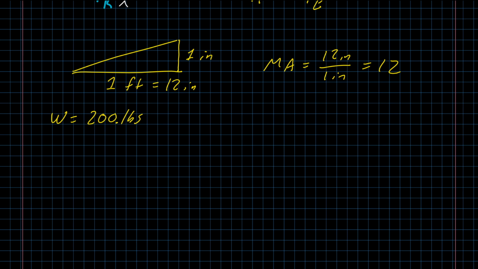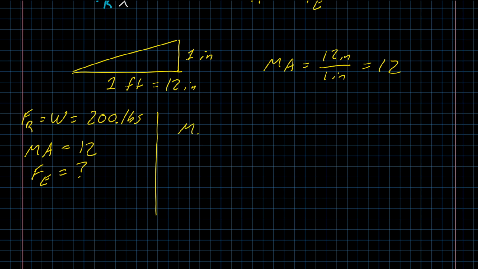That is how much stuff we want to raise up this distance. We just figured out that our mechanical advantage is 12, and then the question is, how much effort does it take to push this 200-pound weight of a person in a wheelchair up a ramp?